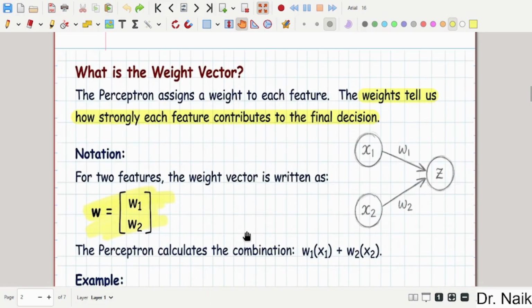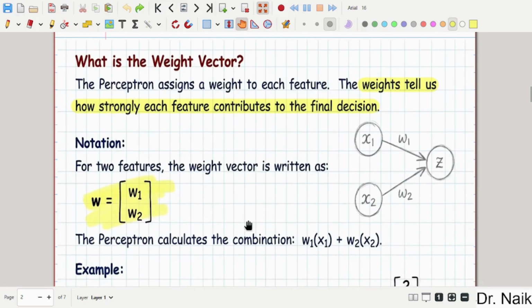Now understand what a weight vector is. The perceptron assigns a weight to each feature. The weights tell us how strongly each feature contributes to the final decision. For the two features, the weight vector is written as w equal to a column vector with entries w1 and w2.